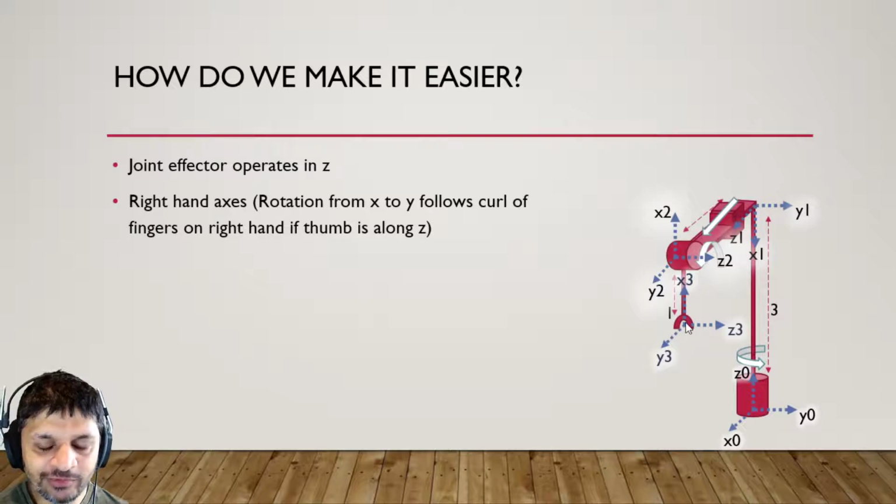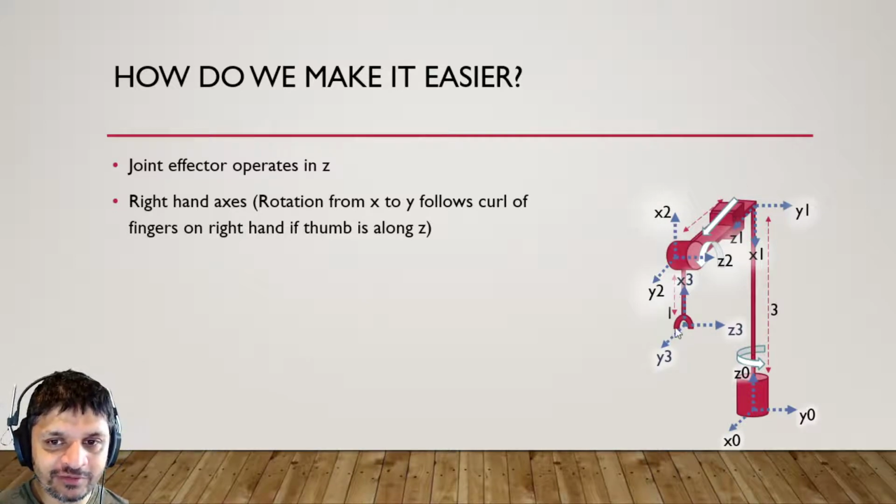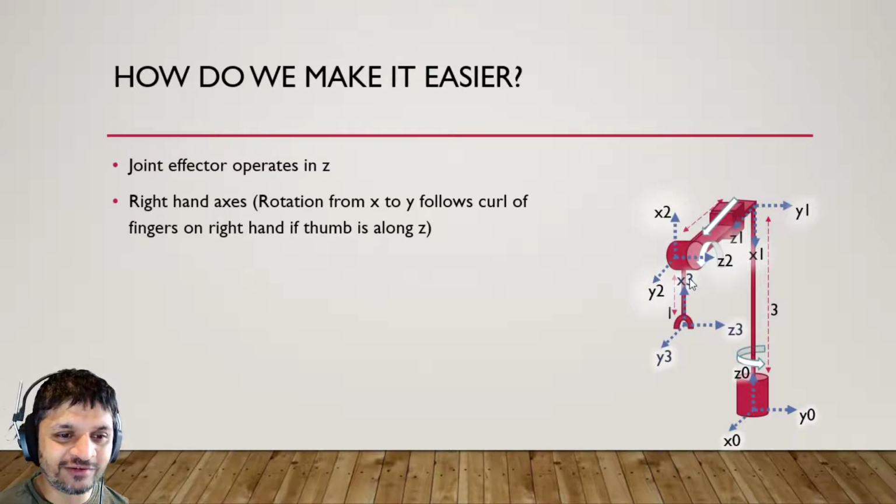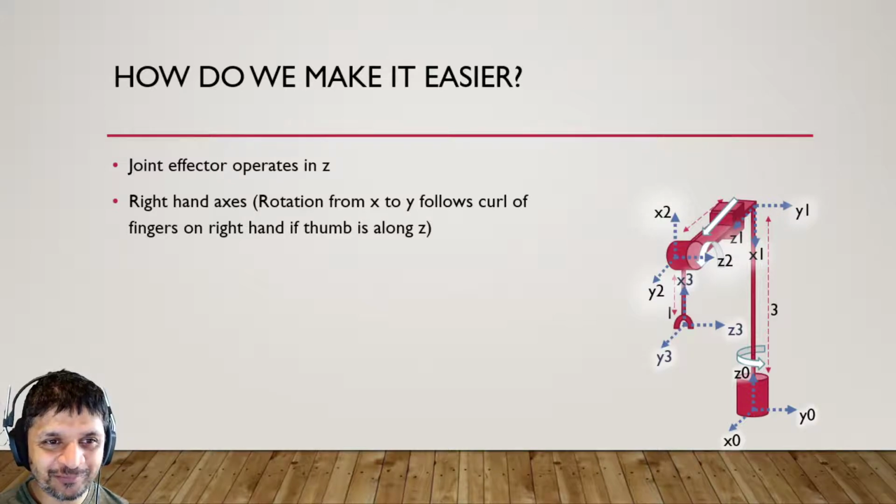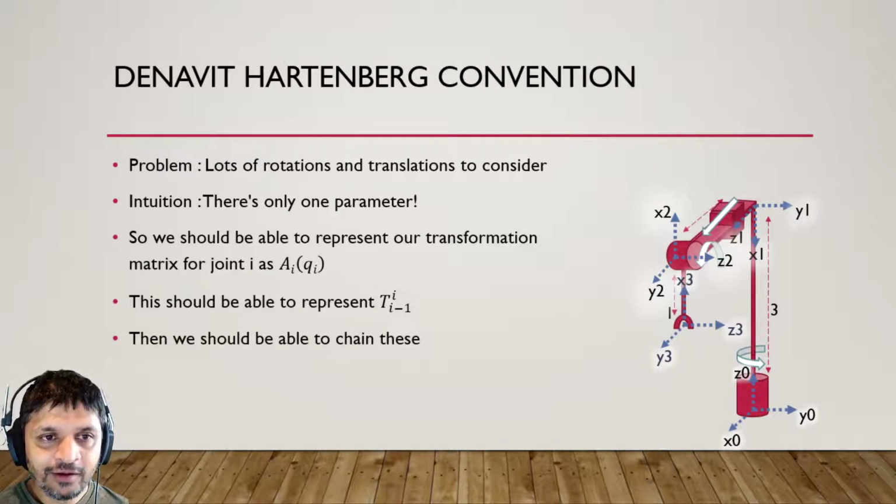And with the tool point, we don't really care about the orientation of the axes because there's no axis of actuation as it stands. So we can have our Z, X, and Y however we like, and I'm going to make it the same as the previous one in order to avoid having to do any transformations, because I am lazy. The problem now is that there's a lot of rotations and translations to consider, rotations around X, Y, and Z everywhere.